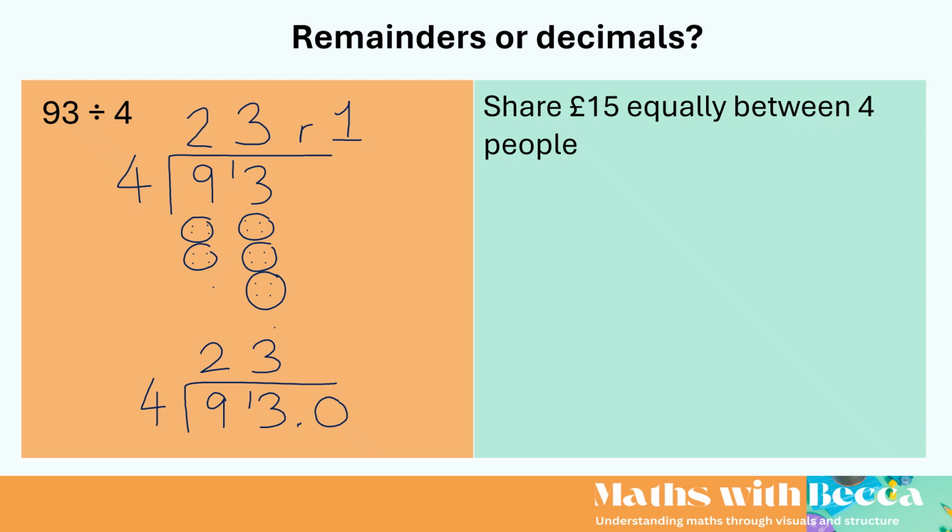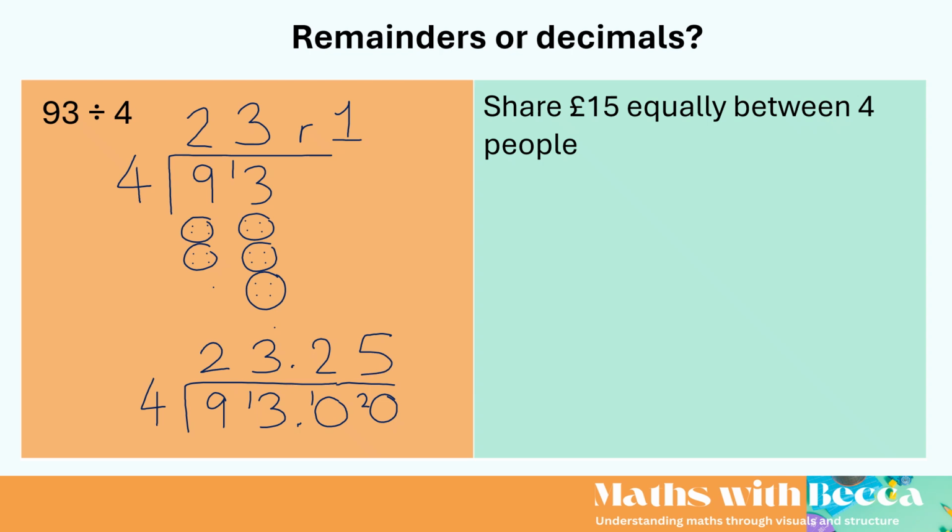It just means that I can now carry my 1 there. So I'm going to do 4 groups of 4 into 10. So I can get 4, 8. That's 2 groups. Put my decimal point up there, but I've still got 2 left over. So I'm going to need another 0 to carry that 2. And now 4s into 20, let's count in 4s, 4, 8, 12, 16, 20, that's 5 groups exactly.